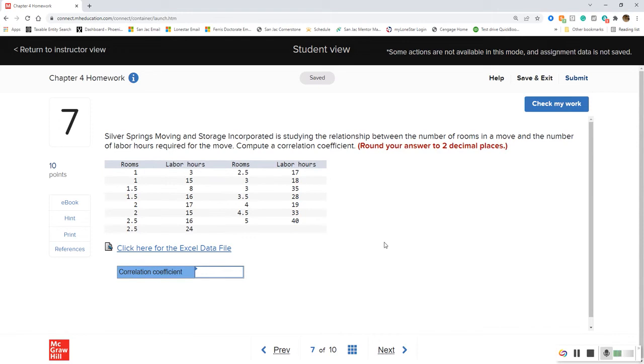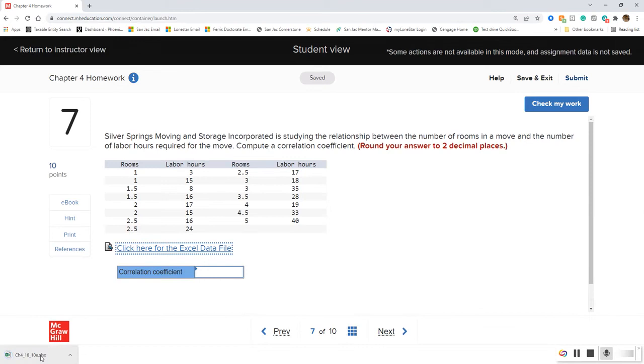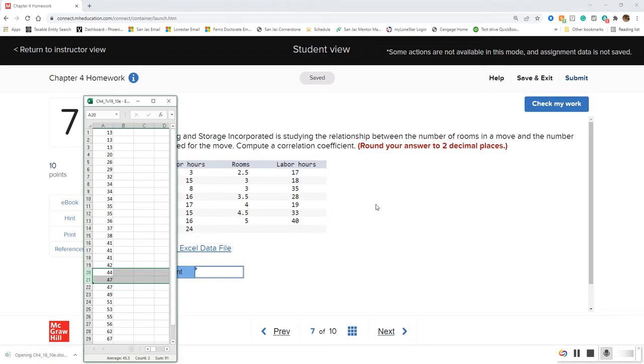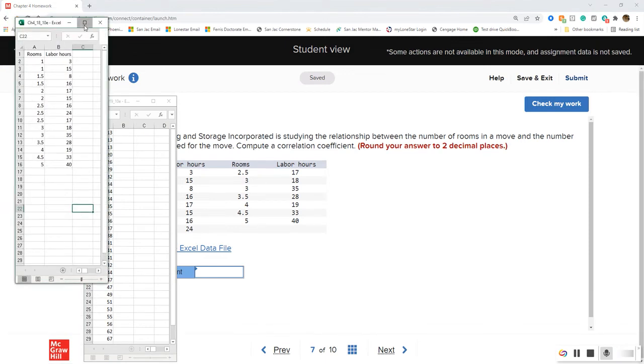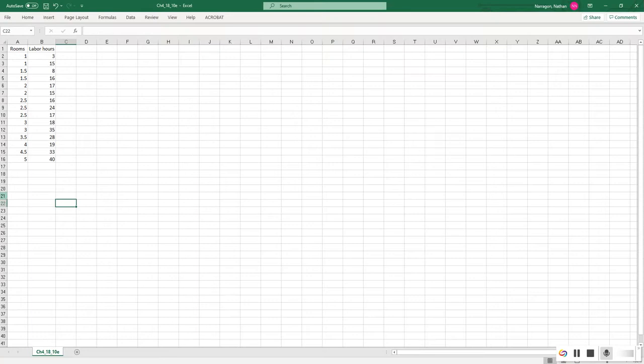Question 7 wants us to find the correlation coefficient. Okay, so we have x's and y's. Alright, so since we have 2 different variables going on, rooms and labor, we have 2 items.